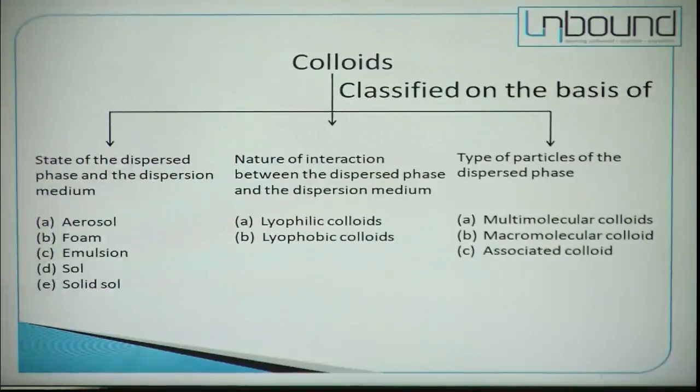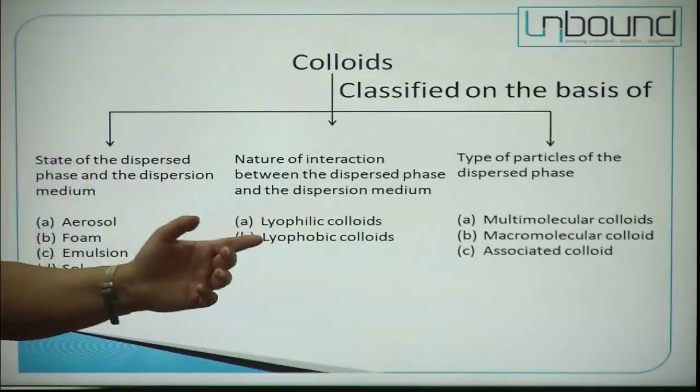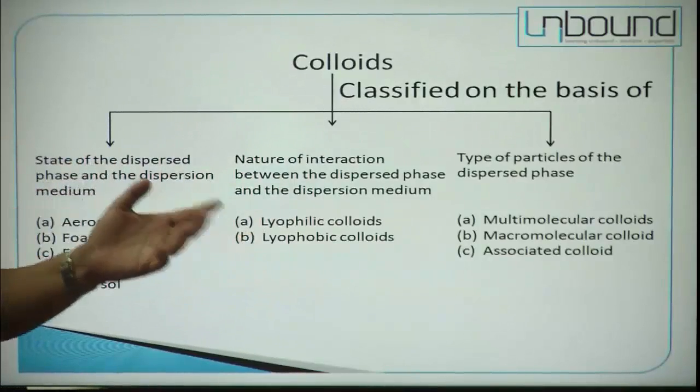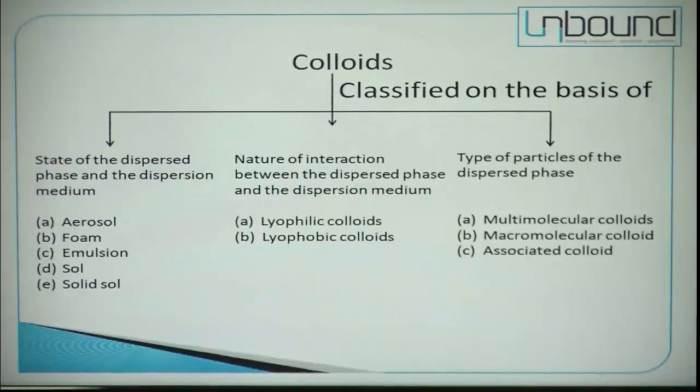The third classification is based on the types of particles of the dispersed phase. It can be multimolecular colloid, macromolecular colloid and associated colloid. So, let us see one by one.